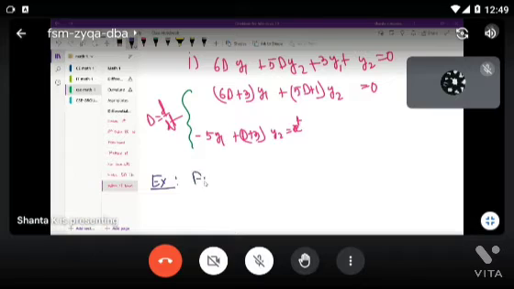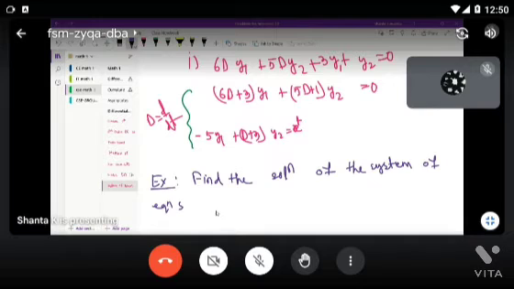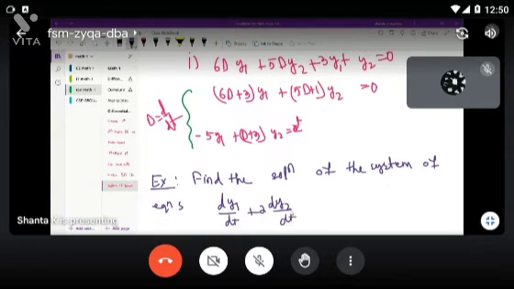Find the solution of the system of equations: dy1 by dt plus 2 dy2 by dt minus 2y1 minus y2 equals e power 2t.